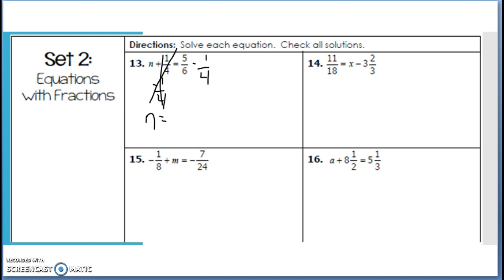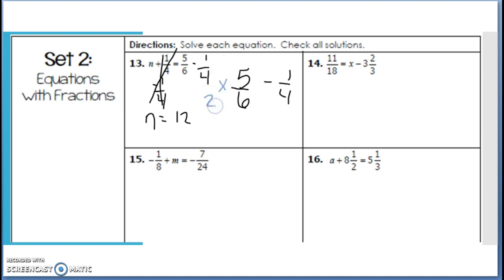So 6 times 1 is 6, but 6 times 2 is 12. 6 multiplies times 2 to equal 12. 4 multiplies times 3 to equal 12. So now we've found a common number that they can both multiply to equal.